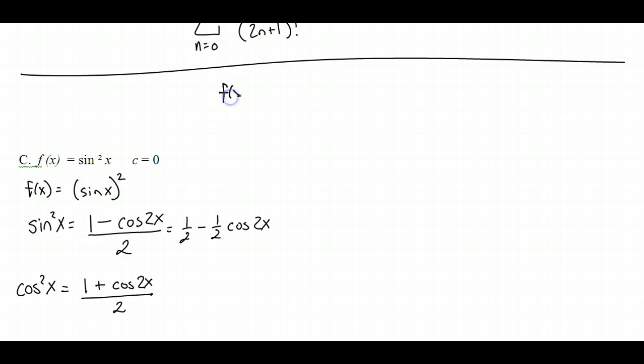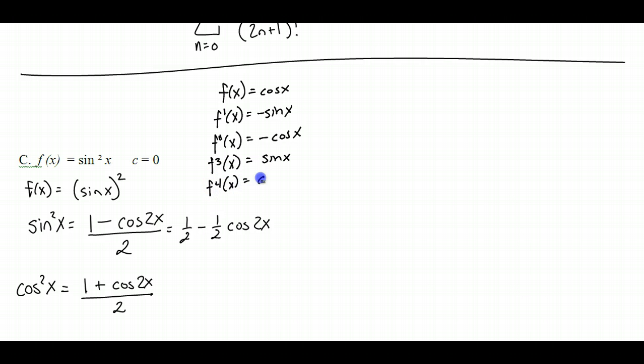If we have f of x equals cosine x, then f prime of x is going to equal negative sine x. The second derivative will equal negative cosine x. The third derivative is equal to a positive sine x. The fourth derivative is equal to cosine x.